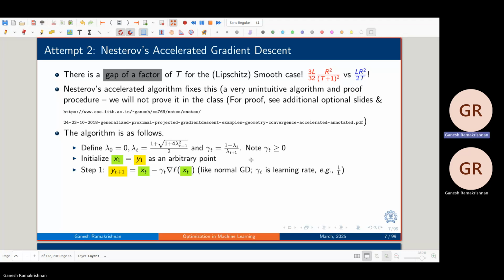Oh, sorry, yeah, this is gamma. So it's 1 minus lambda t. Becoming 0? Is it just going to keep decreasing? What will happen to subsequent lambda t's?